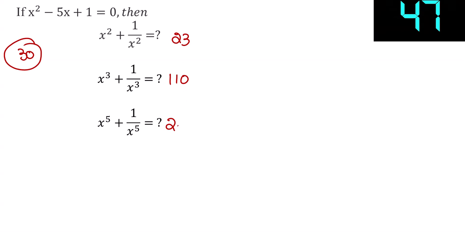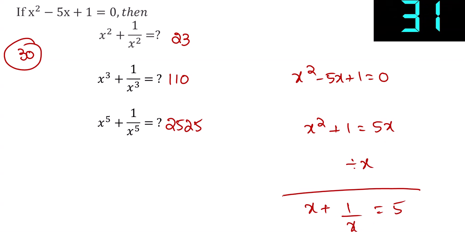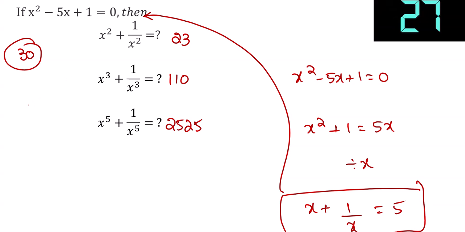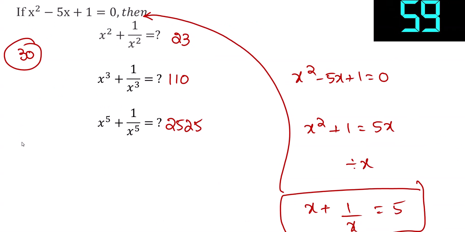This is nothing but 2525. How, sir? x square minus 5x plus 1 equal to 0. Send that x term here, then divide by x, x plus 1 by x equal to 5. Indirectly giving the equation this way. This is a typical way of asking, but rarely. Equation solving, we mentioned, this is how you can find that equation solving related.